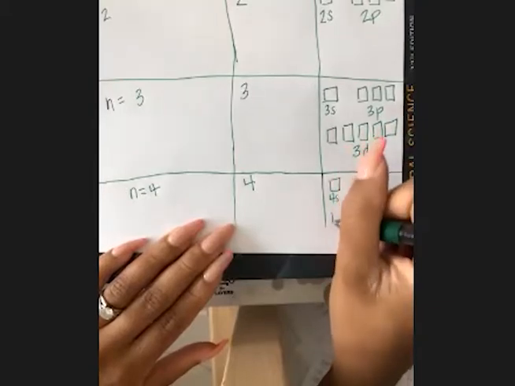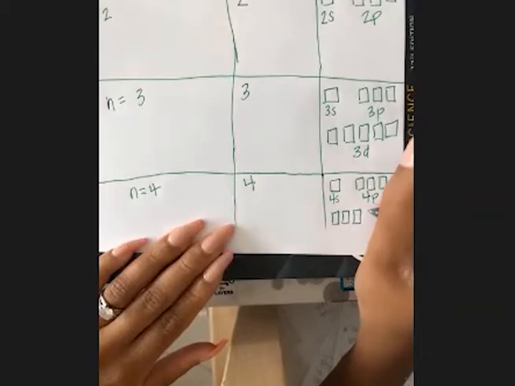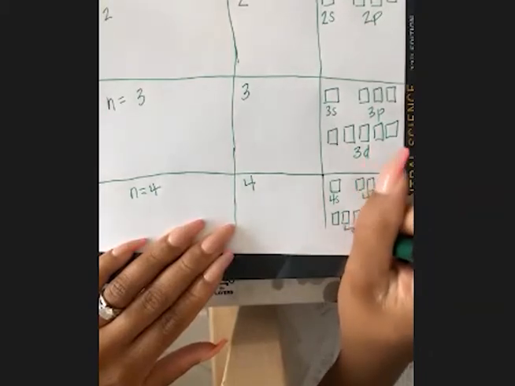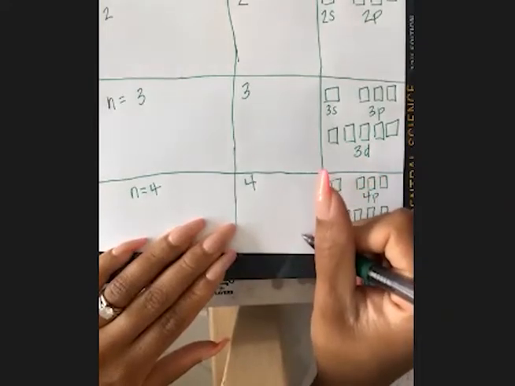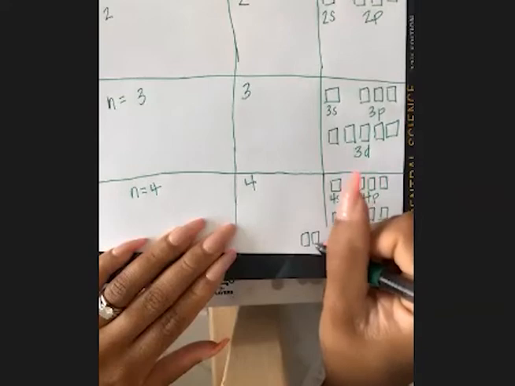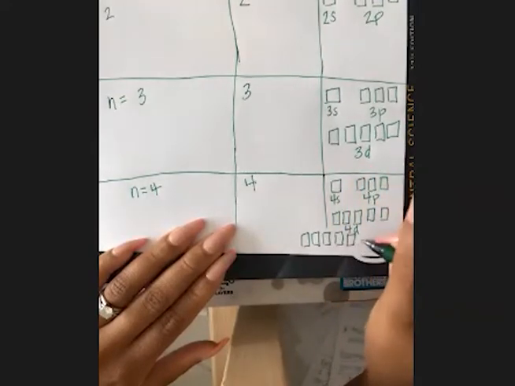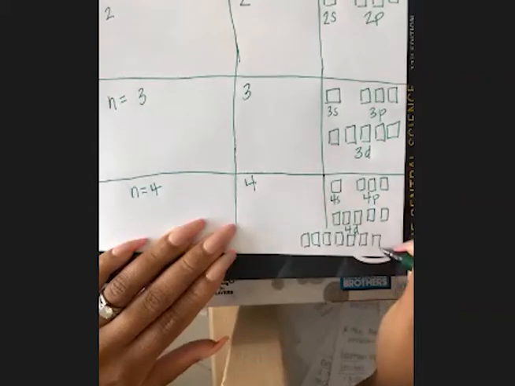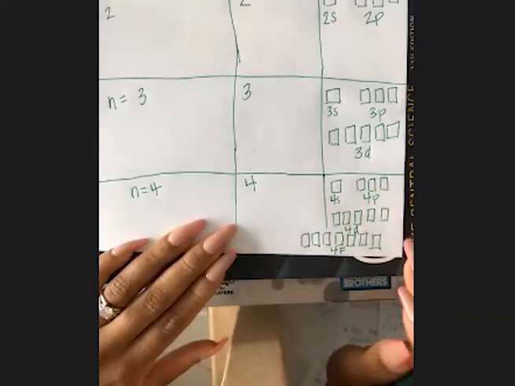I have the 5 d's. 1, 2, 3, 4, 5. And then I have the 7 f's. So 1, 2, 3, 4, 5, 6, 7, and these are the 4 f's.